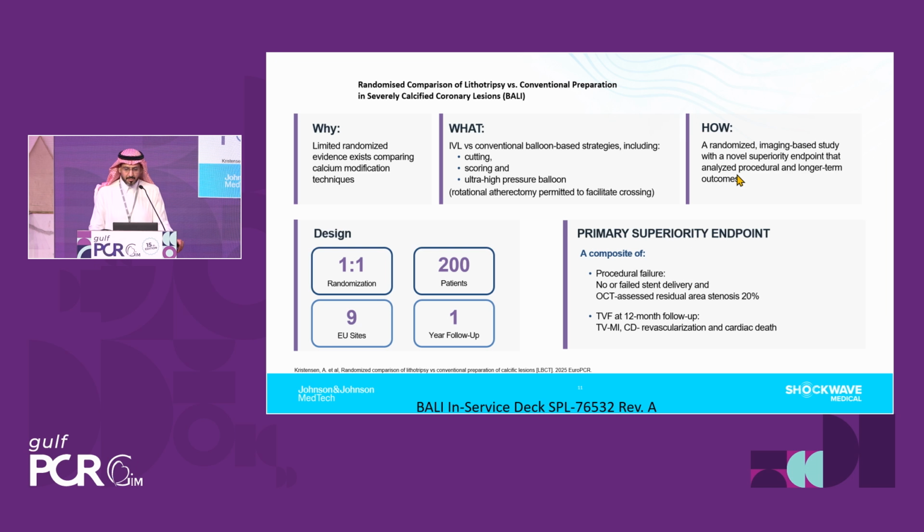It's a randomized, imaging-based study with a novel superiority endpoint that analyzed procedural and long-term outcome. It's 1-to-1 randomization, 200 patients, multicentric, with follow-up of 1 year. The primary superiority endpoint is a composite of procedural failure, no or failed stent delivery, and OCT assessment of residual area stenosis of 20% and above.